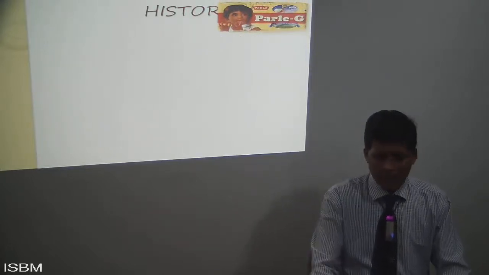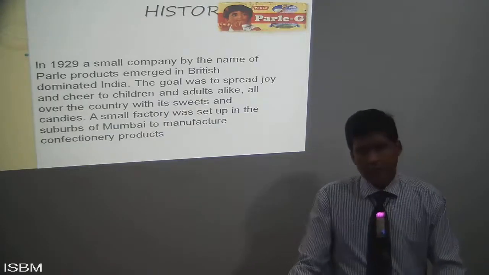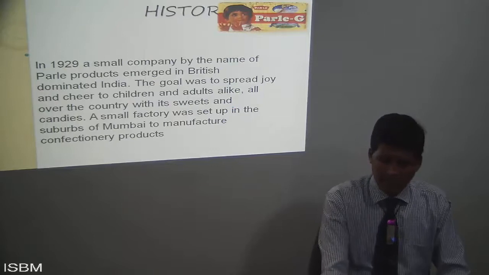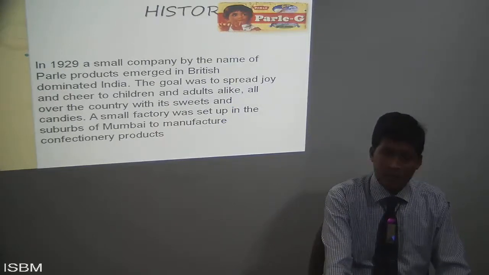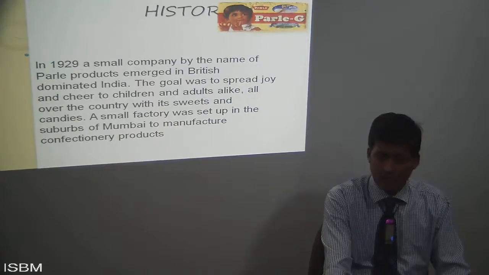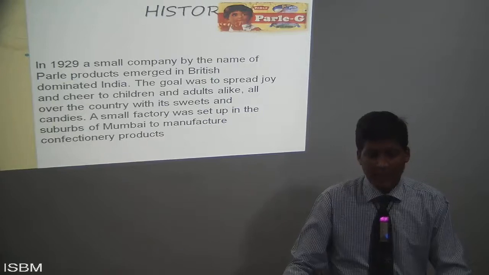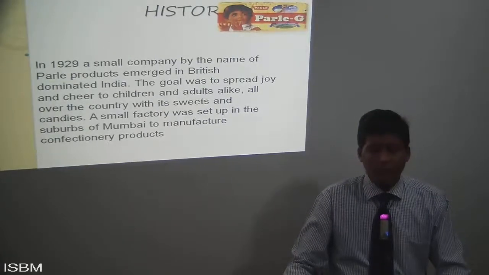If you check into the history of the product, this is a small company established in 1929 by the name of Parle Products, emerged in British dominated India. That means it existed before independence. The goal at that point of time was to spread joy and cheer to children and adults alike all over the country with its sweets and candies.